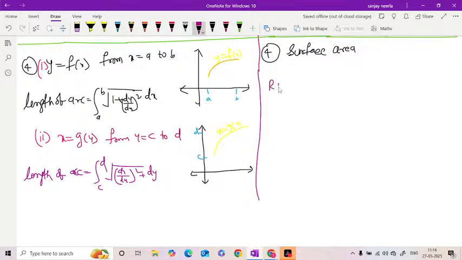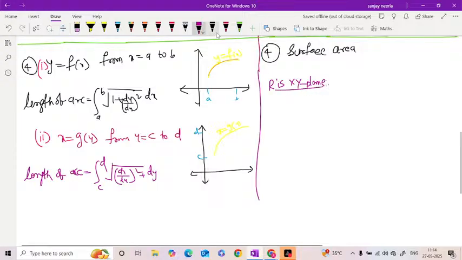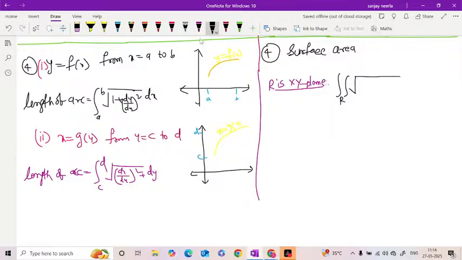Suppose the region is the xy plane, then the surface area is the double integral of the square root of 1 plus (dz by dx) whole square plus (dz by dy) whole square, dx dy, where z is a function of x, y.